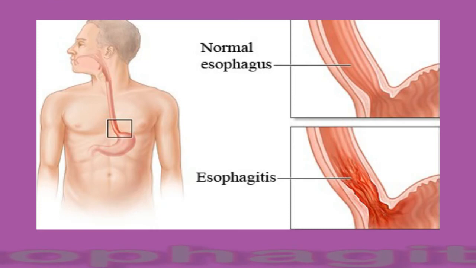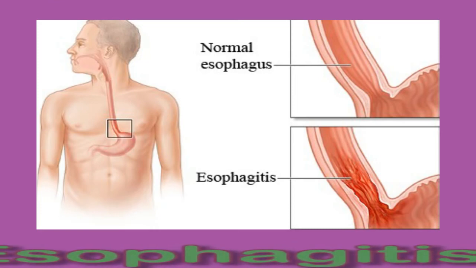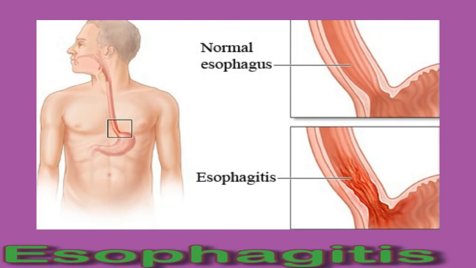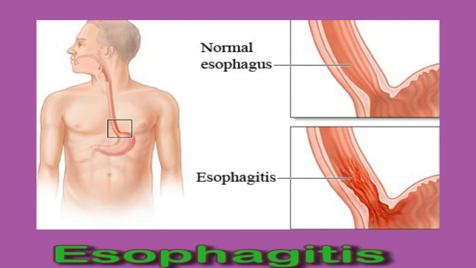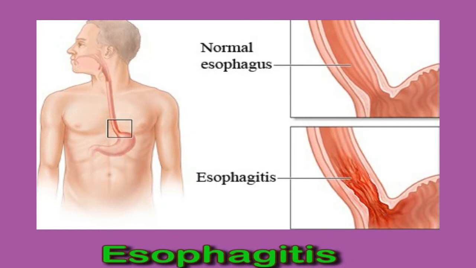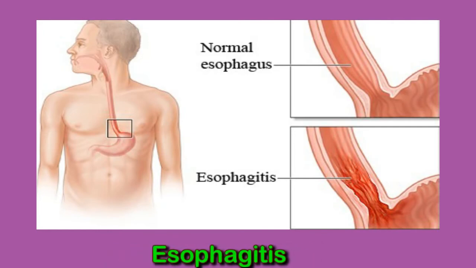Esophagitis. The food pipe, also called the esophagus, is the pipe that carries food and liquid from the mouth to the stomach. Esophagitis is inflammation of the esophagus. The most common cause of esophagitis is gastric reflux disease, which is a condition that allows stomach acid to flow back up the food pipe.